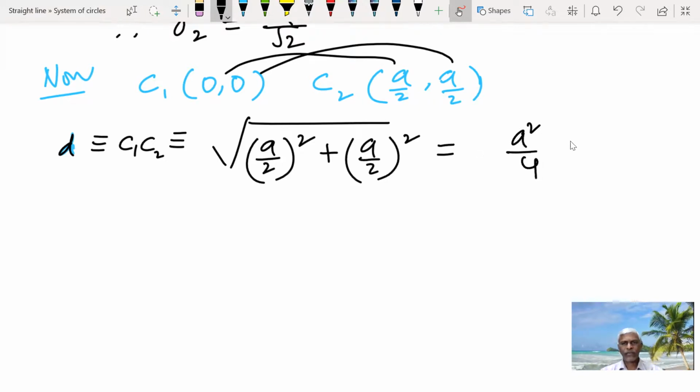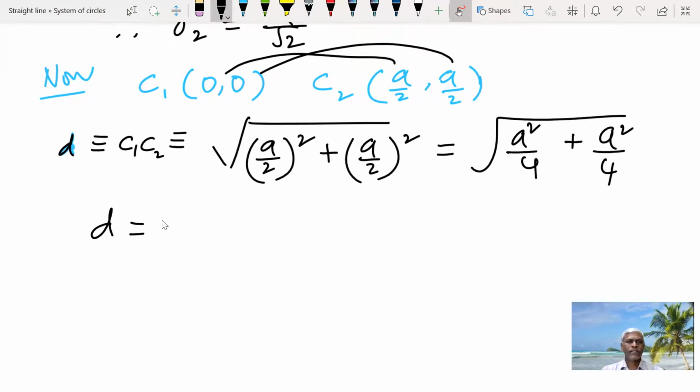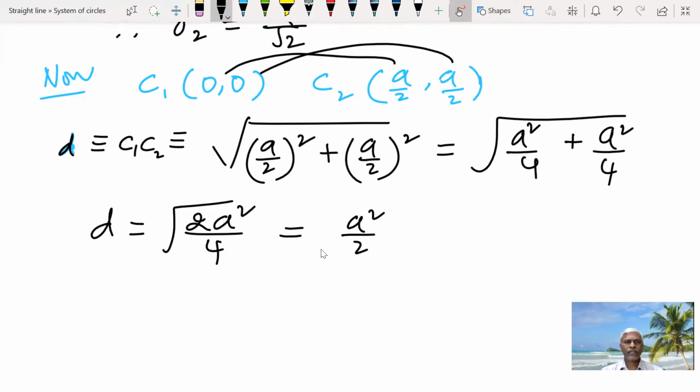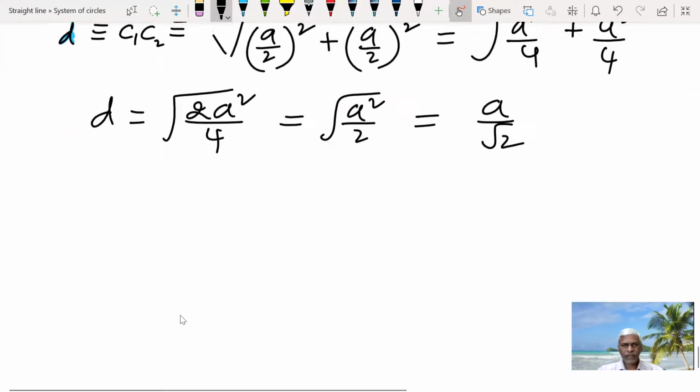A square by 4, a square by 4. So that is 2a square by 4, that is a square by 2. So a by root 2. So d value also a by root 2.